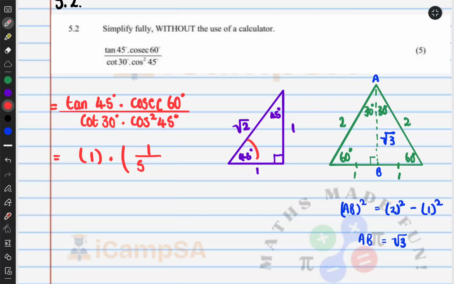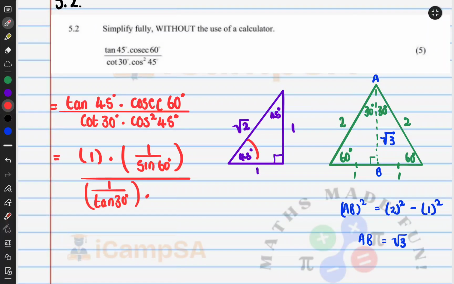So you have 1 over sine 60 degrees, close bracket, over cot 30. Cot 30 is the reciprocal of tan, so 1 over tan 30 degrees, multiplied by cos squared 45.